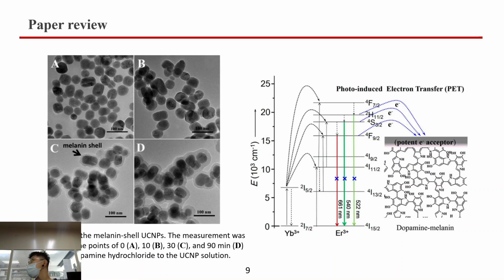From the TEM images, from A to D, we can see the thickness of the melanin shells increases as the reaction time increases. And since the melanin shell has been formed, the electrons will transfer from the emitters to the melanin shells through photon-induced electron transfer (PET), and the green fluorescence will quench.